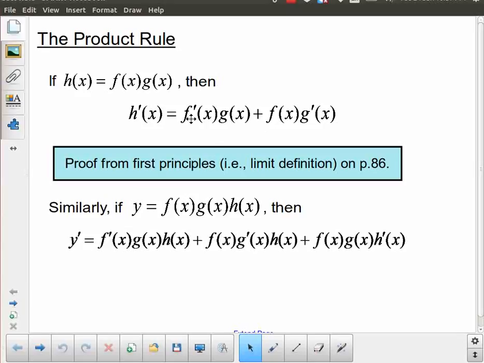So you can see the derivative of the first, multiplied by the second unchanged, and then I add to that the first function unchanged multiplied by the derivative of the second.